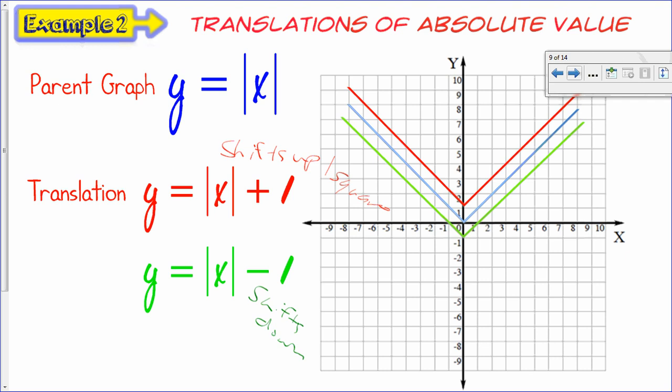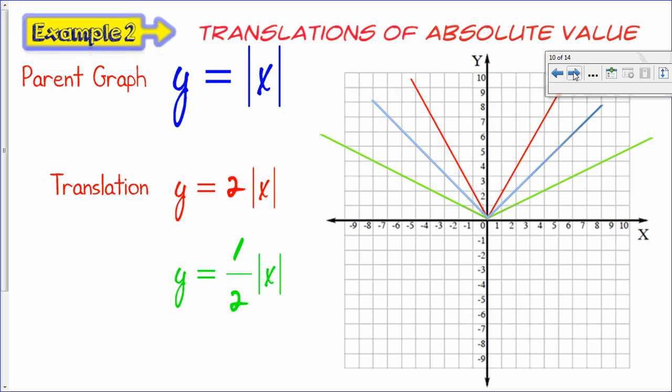Okay, the last thing is this. If you have a number in front, this is a positive what? Positive 2, right? It's kind of like the slope. So a positive 2 does what? It closes my absolute value. So it's greater than 0, so we'll say greater than 0 closes.